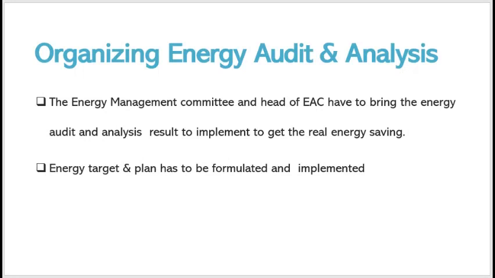And finally, the procedure F, where the collected data, analysis results, and proposed energy conservation measures are ready to present or implement in the next step. These procedures are vital in organizing and analyzing the energy audit, so it should be done properly and correctly.